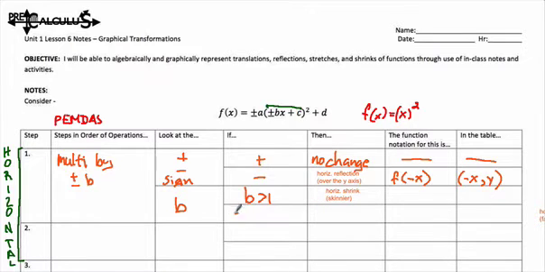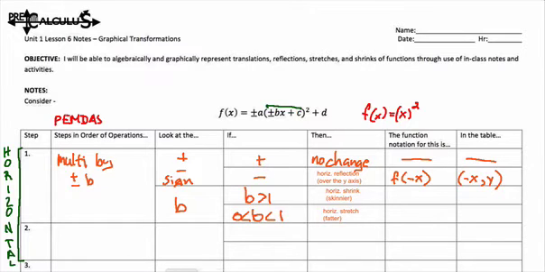If b is greater than 0 but less than 1, and notice I'm saying greater than 0 because we're not talking about negatives, we already covered this up here, so we're talking about a fraction between 0 and 1, then we have a horizontal stretch, making the parabola, or whatever the parent function we're looking at, fatter.